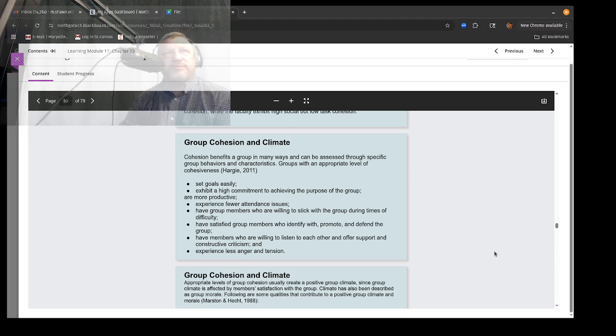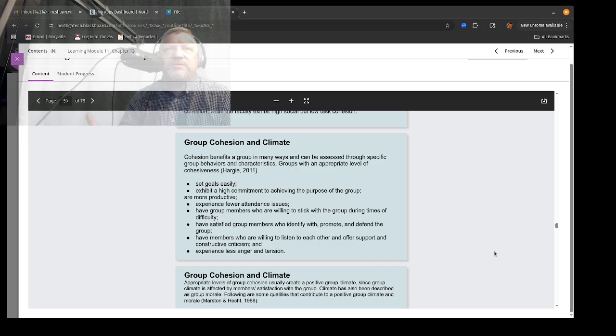So that said, group cohesion and climate benefits the group in many ways and can be assessed through specific group behaviors and/or characteristics. Groups with an appropriate level of cohesion can set goals easily, exhibit a high commitment to achieving the purpose of the group, and they are more productive. They have fewer attendance issues.